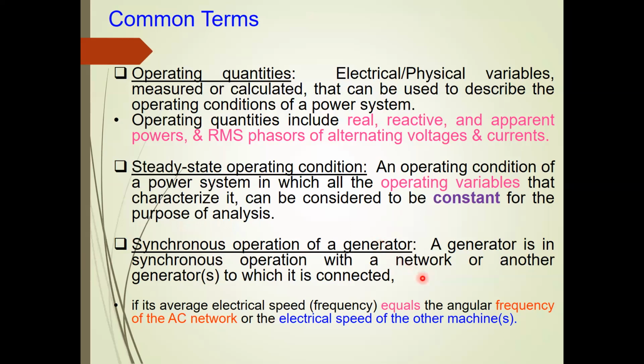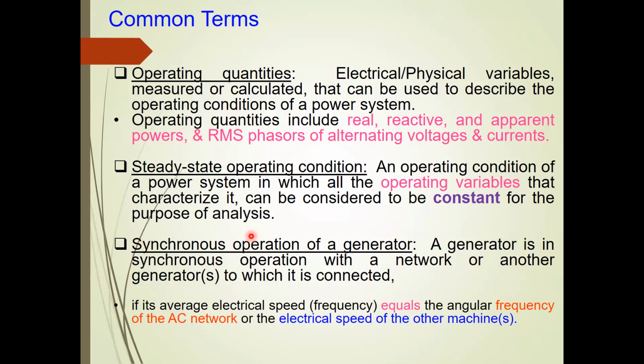Remember one thing, we always say the word synchronism or synchronous operation of a generator with respect to a network, or with respect to another set of generators. The word synchronous operation or synchronism is never talked about as a single quantity.